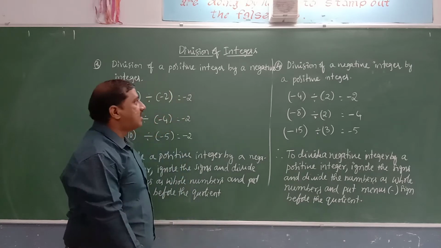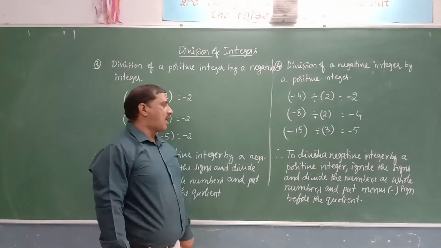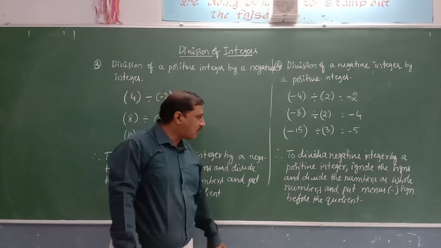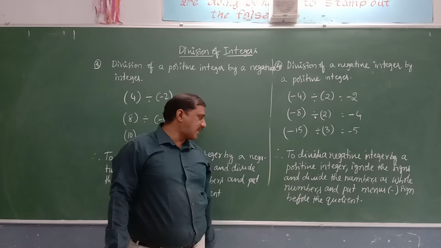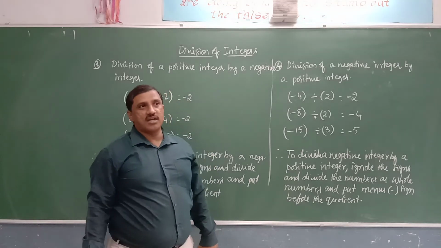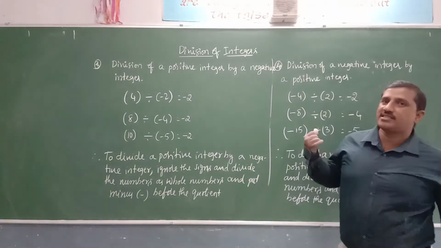So like this, to divide a negative integer by a positive integer, ignore the signs and divide the numbers as whole numbers, and put the minus sign before the quotient. So like this, we have now discussed how to divide different integers.